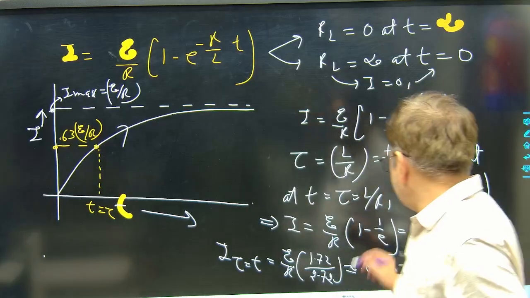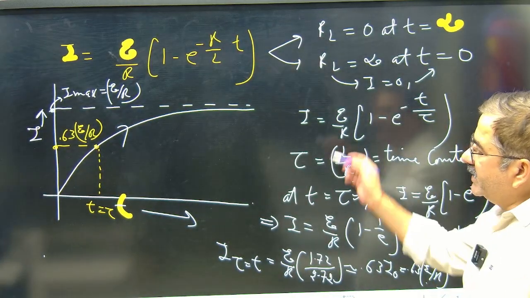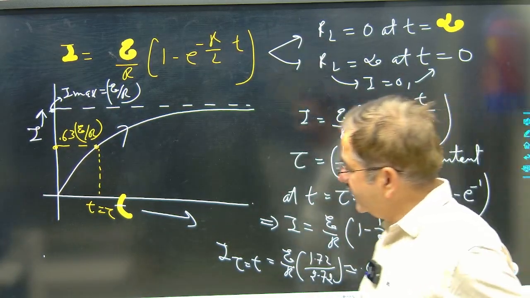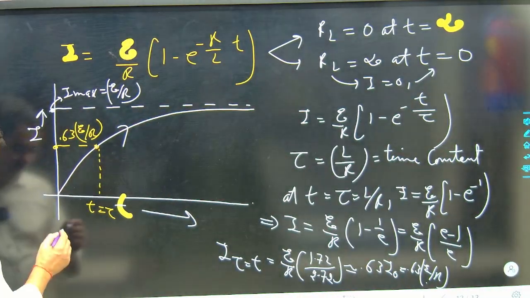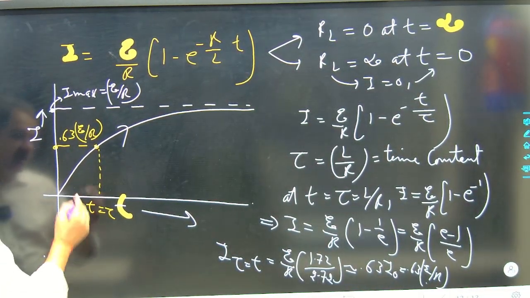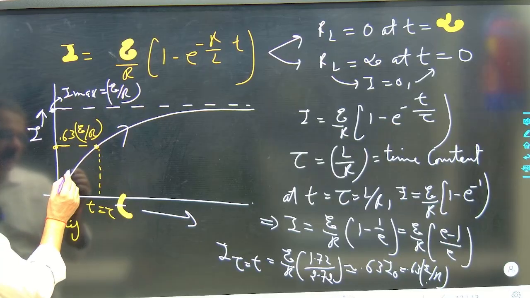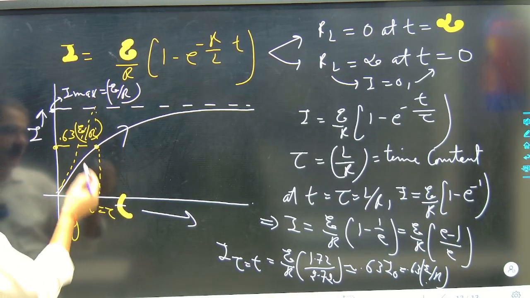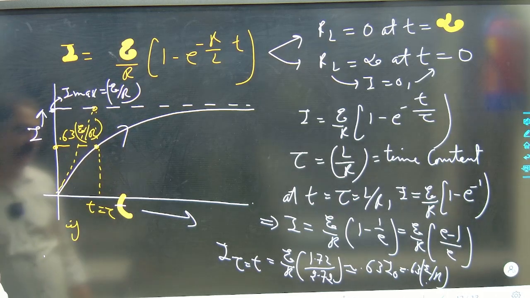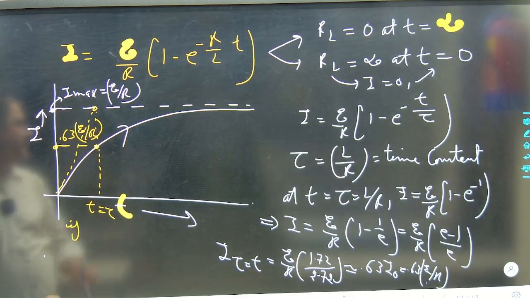And later on also we have this term, so the time constant is also there. This time constant also defines one thing: if the initial slope remained constant, in one time constant the current would reach the maximum value.